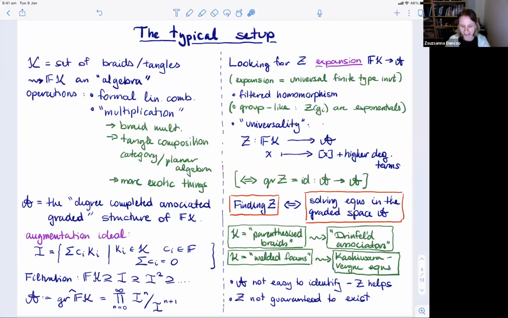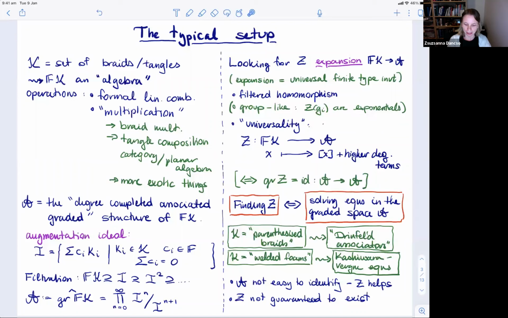But we can make this much more concrete. This is simply saying that if I take an element X in Fk, then I can look at this filtration and find the last power of I that contains X. So for example, X is in I squared, but is not in I cubed.